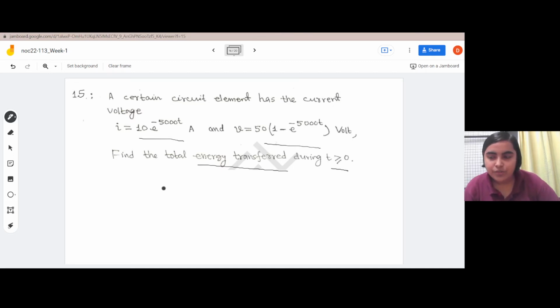So how are we going to solve this? We'll multiply I and V and integrate with respect to t. We'll get energy. Yes. Energy equals the integration of P dt. Here P is the power, which is V into I. Can you guys solve this and tell me the answer?